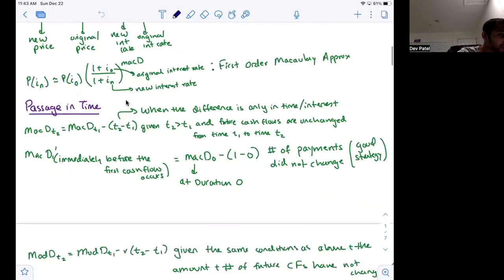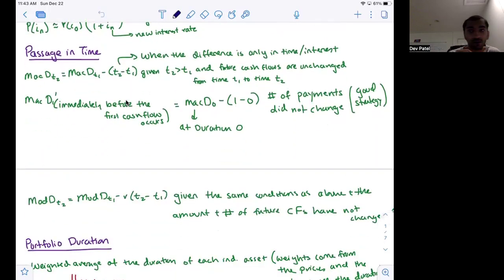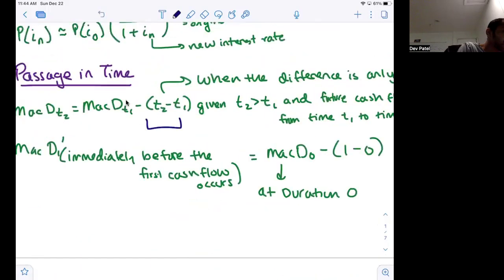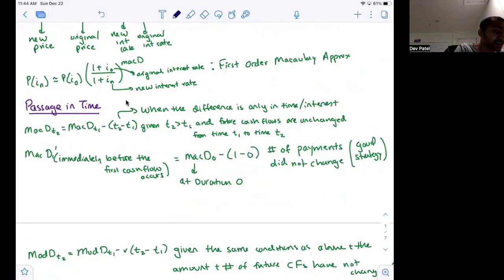We know that passage of time refers to the idea that whenever we're changing a period of time without changing the future cash flows, the Macaulay duration doesn't change in that way. For example, if you have a Macaulay duration at time period 1 and you're moving it to time period 3, and there are no cash flows in between those two time periods, in other words the present value of the future cash flows are the same, then you can simply take the difference of the times and apply that difference to your current MACD.